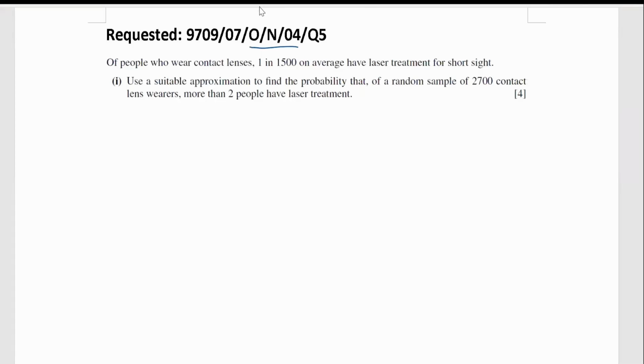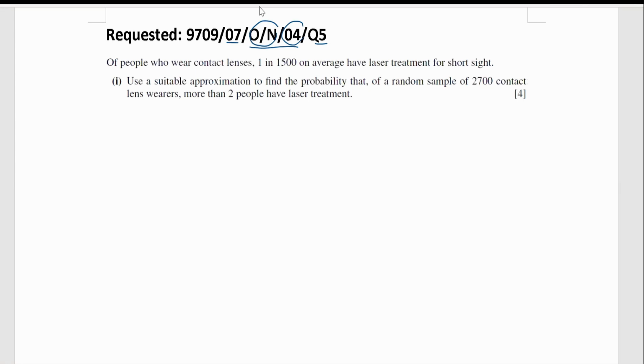Hi, this is the requested video from October-November 2004, variant 7, question 5. Of people who wear contact lenses, 1 in 1,005 on average have laser treatment for short sight.